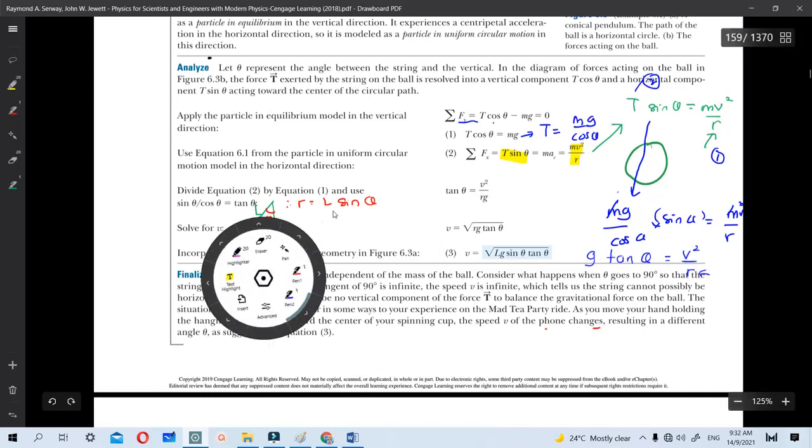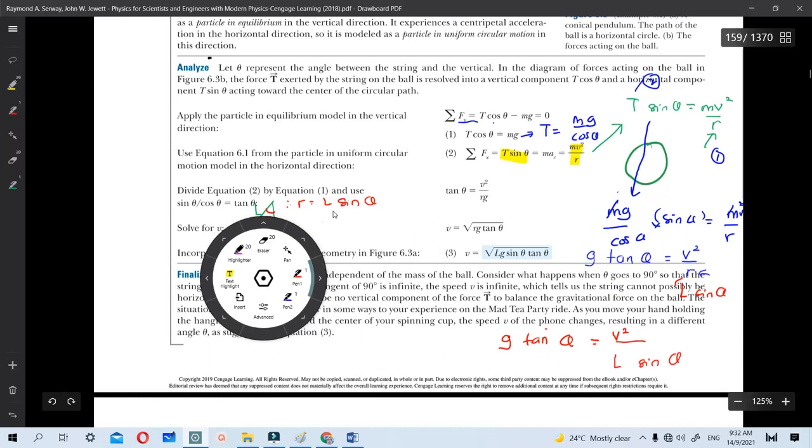And that's exactly what we are going to do for this question. And here is L sine theta. So simplify it: g times tan theta is the v squared just now, over R, now being replaced with L sine theta.